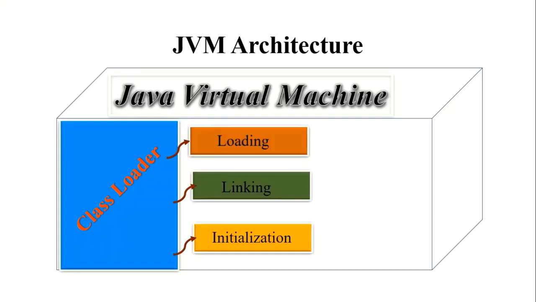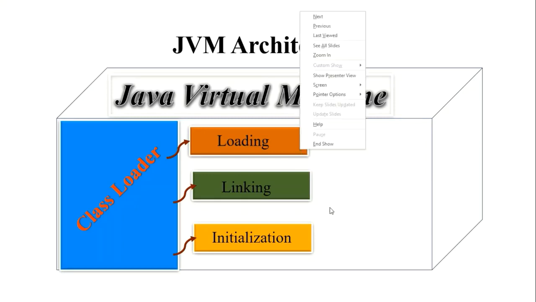This class loader is further divided into three components. Now, what is class loader? Class loader is the first main component in JVM architecture. It has three specific phases: loading, linking, and initialization.